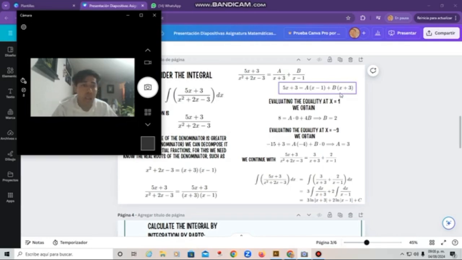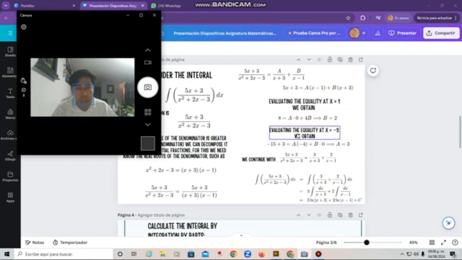Now we evaluate the equality at x equal to 1, and we obtain 8 equal to A times 0 plus 4B, wait, 8B, so B is equal to 1... so B is equal to 2.